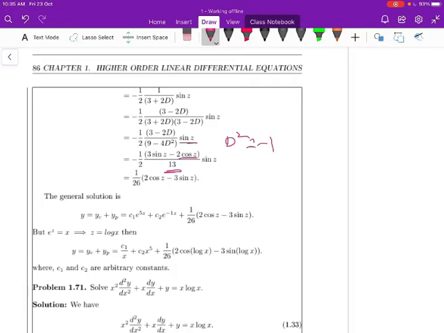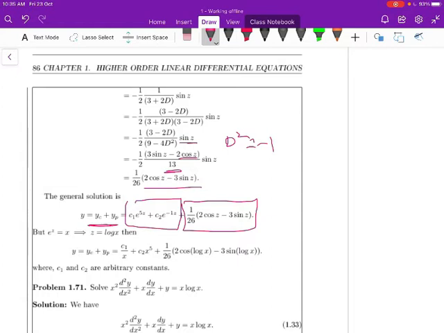So therefore 1 by 26 into 2 cos z minus 3 sin z is the yp. The general solution is yc plus yp. So yc is the first part which we found by considering the homogeneous equation, and second part is the particular integral when r of z is equal to sin z.